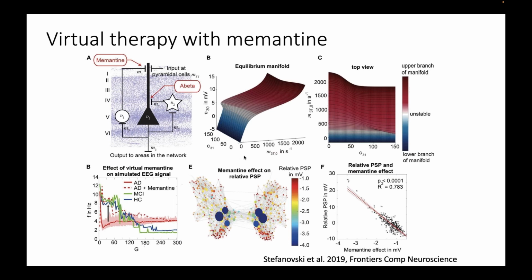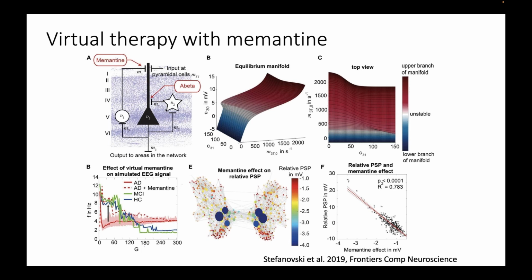and how we applied virtual memantine. So while A-beta affected the connection from inhibitory interneurons to pyramidal cells via the time constant, we just reduced the scaling factor of the excitatory interneurons to the pyramidal cells by memantine, and we tried out different amounts, and it worked best with a reduction of 25%.